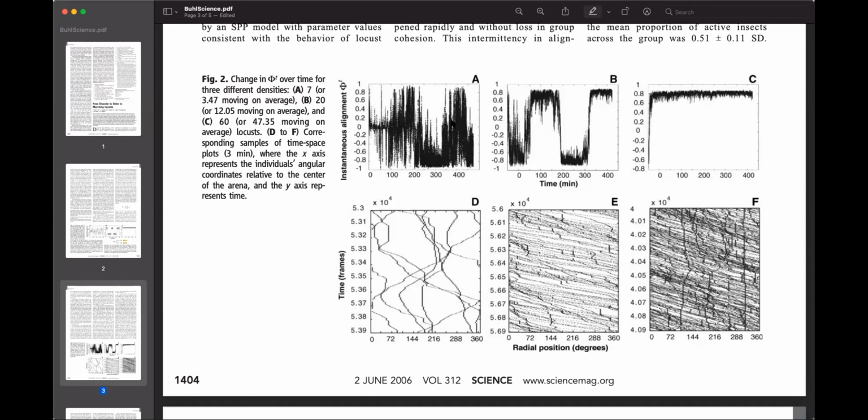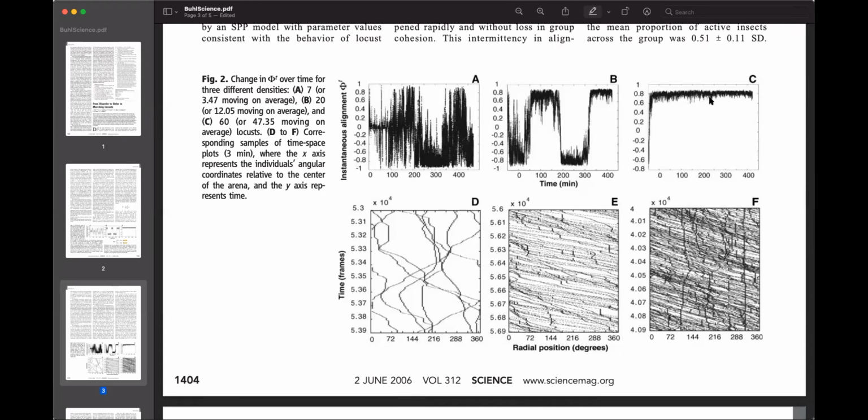Of course, there are some parts where they do become ordered, but if you compare across A and B, you will see that the ordered time is higher, but there is a switching between the +1 direction and the -1 direction, which means counterclockwise and clockwise. And exactly as the model predicted, they also find that when the density is very high, you just stick to one of the two directions for a very, very long time.